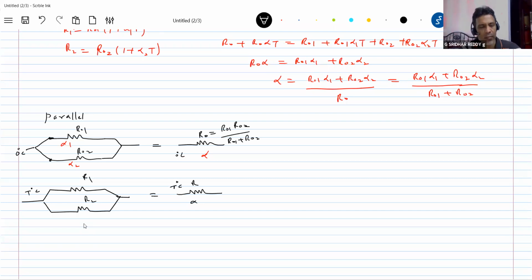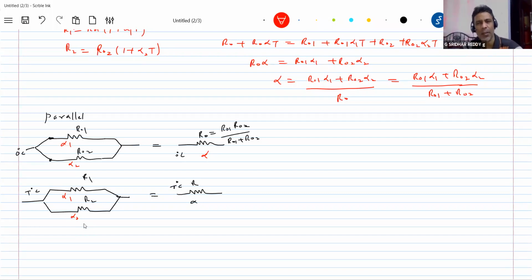I'm giving enough information that alpha in fact will be variable, but over a range of temperature it is taken to be constant. So alpha is not variable; that's what we assume. If alpha is variable, you can integrate and calculate all other things. We'll assume that for most metals, alpha is constant over a range of temperature.